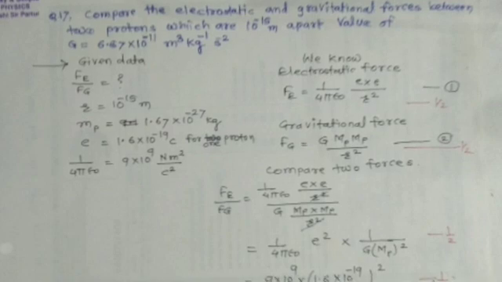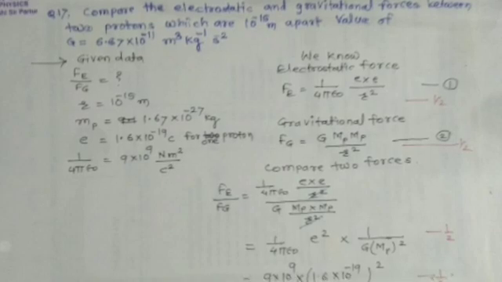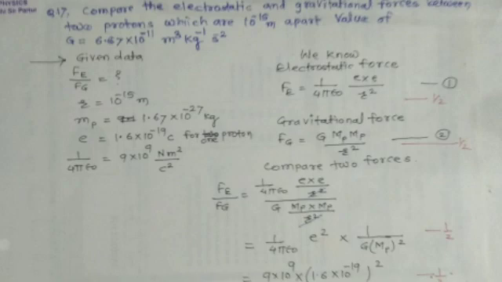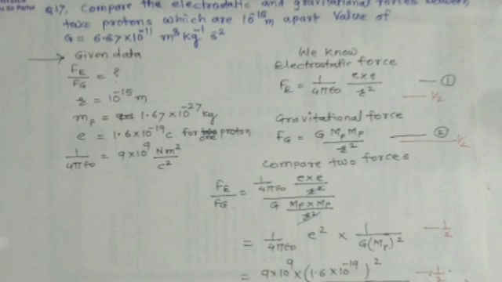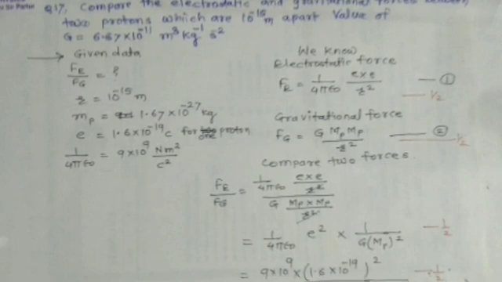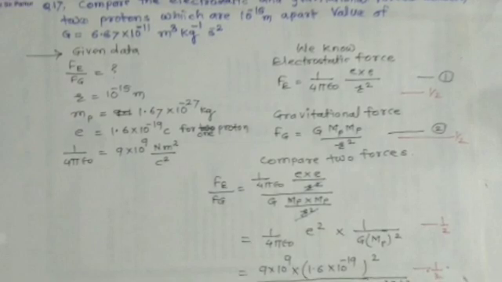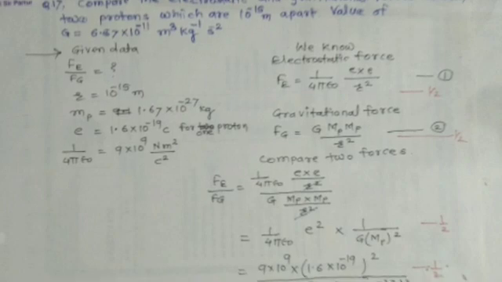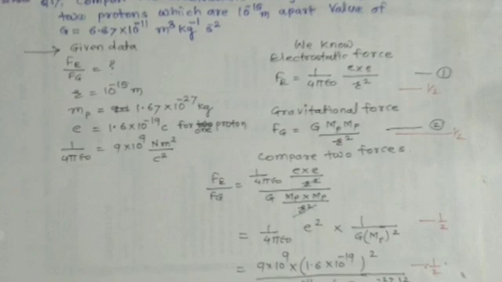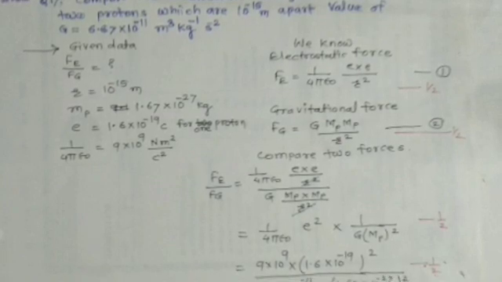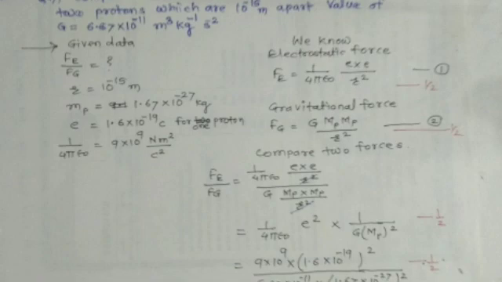R is 10 raised to minus 15 meter. Mass of each proton is 1.67 into 10 raised to minus 27 kg. Charge of each proton is 1.6 into 10 raised to minus 19 coulomb, and 1 upon 4 pi epsilon 0 is equal to 9 into 10 raised to 9 newton meter square per coulomb square, and capital G is equal to 6.67 into 10 raised to minus 11 meter cubed kg raised to minus 1 second raised to minus 2.